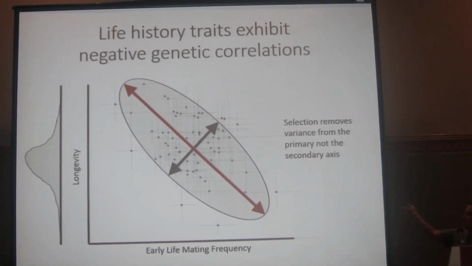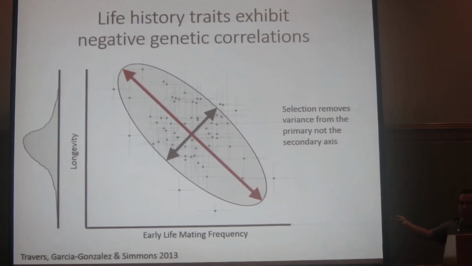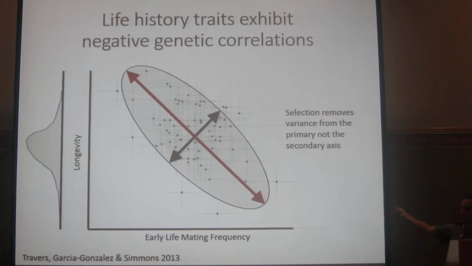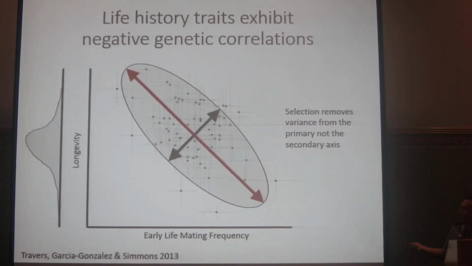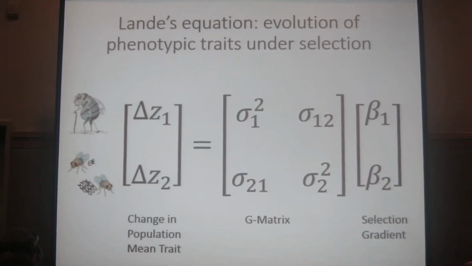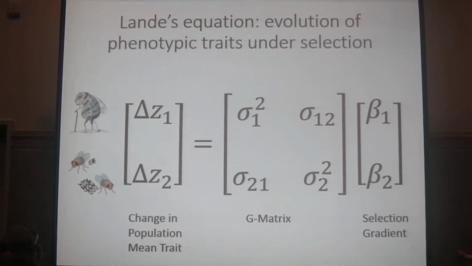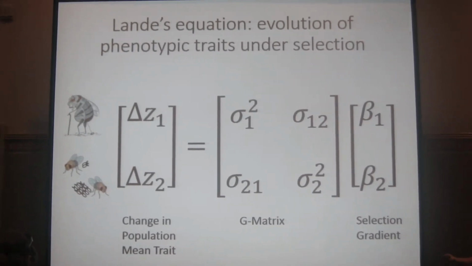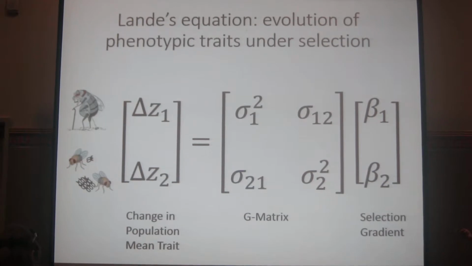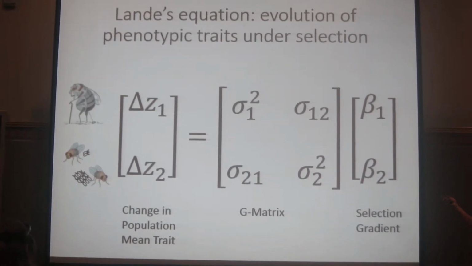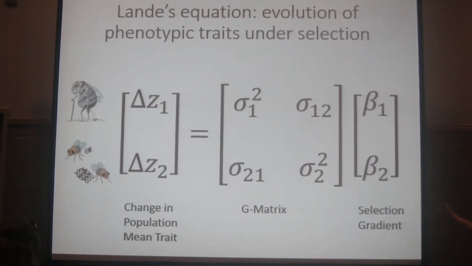So we know that negative genetic correlations can play an important role in explaining these observations. But in general, they also have a very big impact in shaping the evolution of traits under natural selection. And that's clearly expressed in what is known as Lande's equation, which I've included here for two traits.